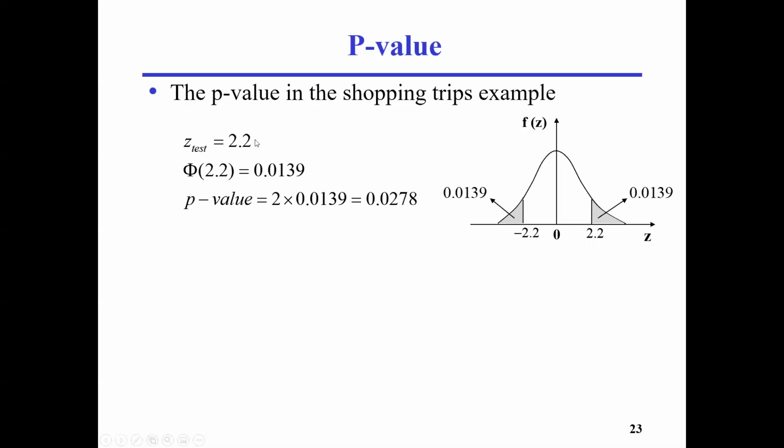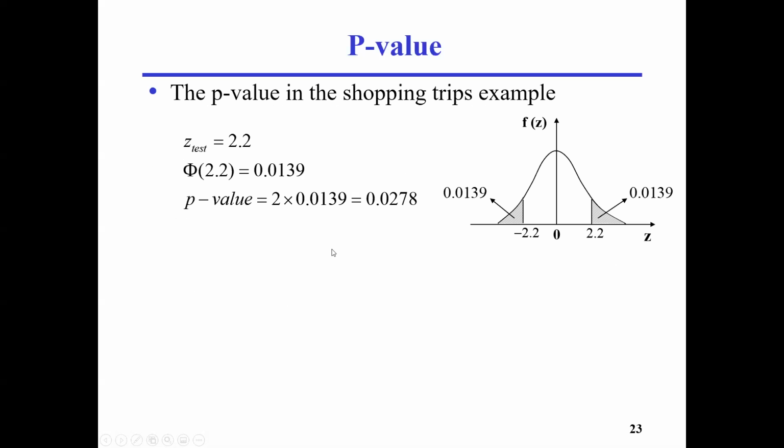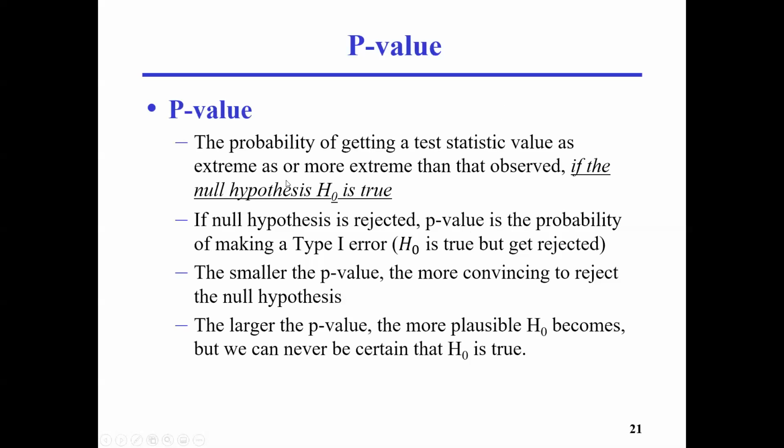It means that when the z-test value is equal to 2.2 and you rejected the null hypothesis, then p-value is the probability of making a type 1 error. Okay, so this is the idea here. Please combine this graph, these equations, these specific values with this sentence to comprehend the meaning of p-value.